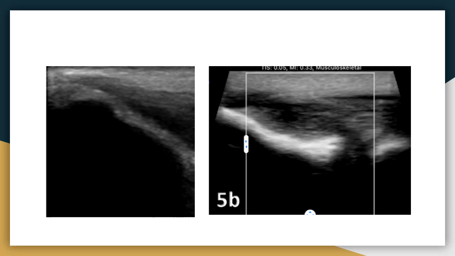On the right-hand side, we've zoomed in. You can see discontinuation and disorientation in the parallel direction of the tendon fibrils. This is the ultrasound finding of disorganization of the tendon fibers and is the most common sign of inflammation and epicondylitis that you will get when performing an ultrasound.